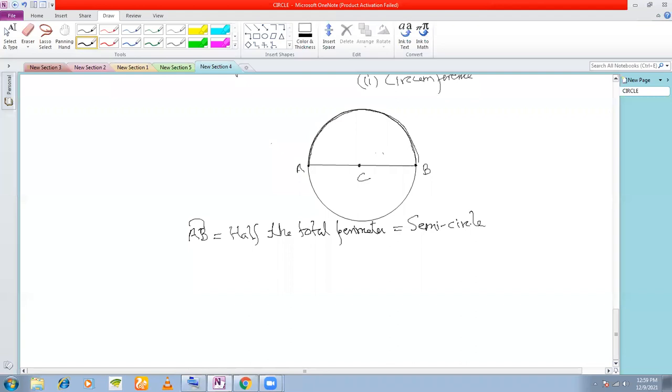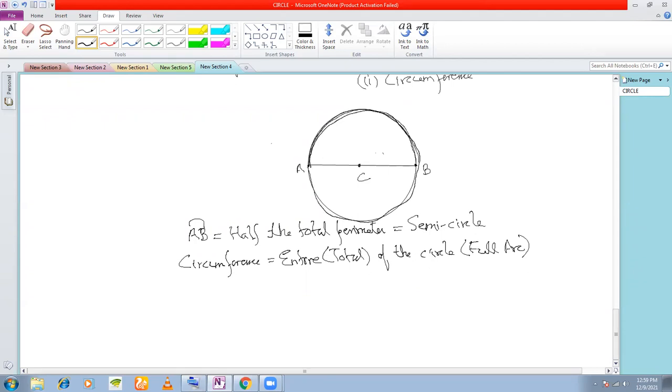Is the definition of semicircle clear? Now we come to the definition of circumference. Circumference is the entire perimeter or the total perimeter of the circle. It is also called as the full arc. The full arc, that is this entire arc here, is called the circumference.